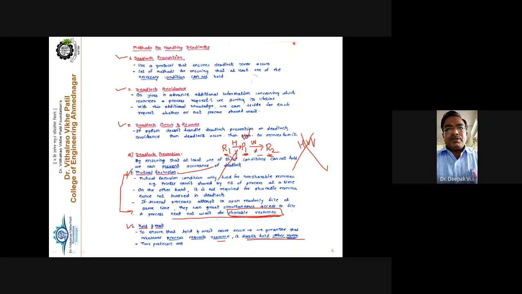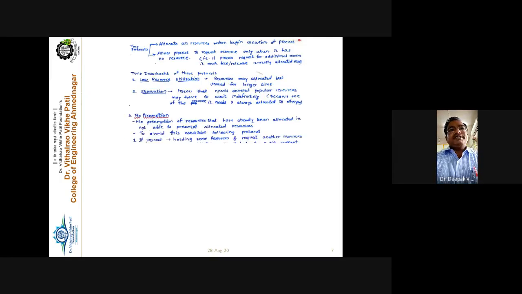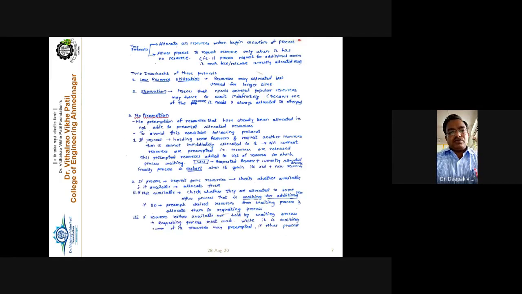In other words, process P2 is only allowed to request a resource if it does not have a resource allocated earlier. This is one case. There are two cases or two protocols possible here, so we'll see them one by one. So how to do this?